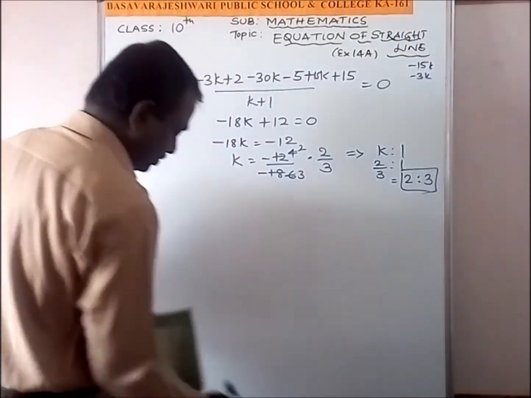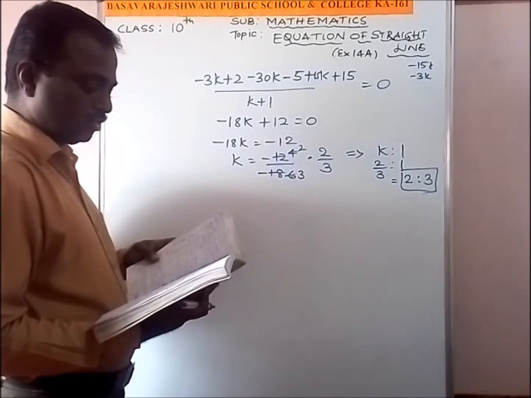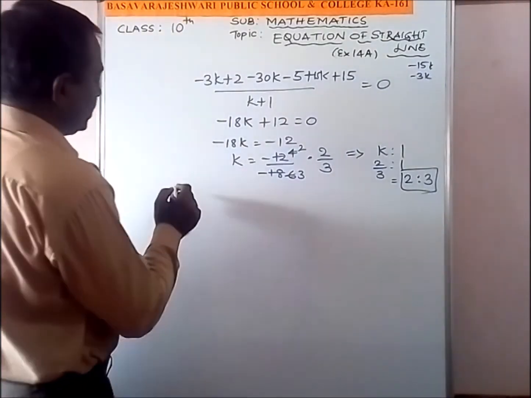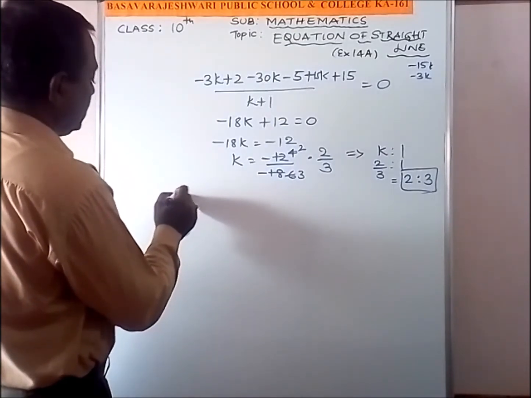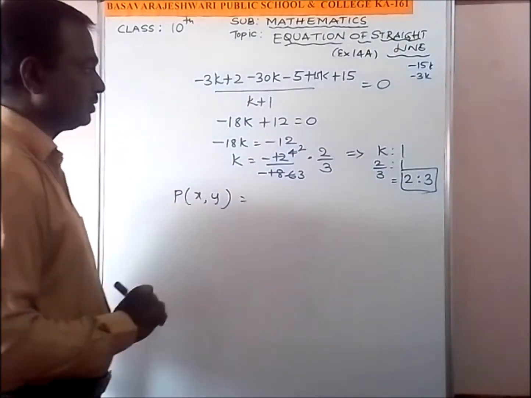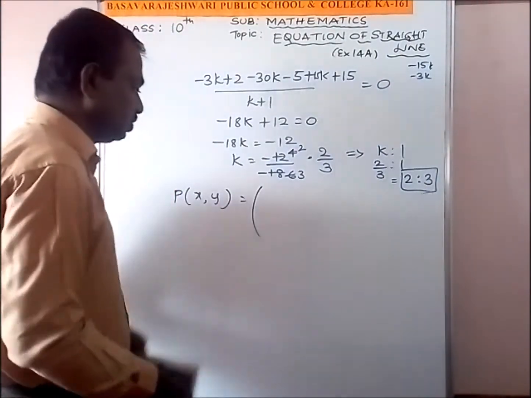After finding the ratio, they are asking us to find out the coordinates of P, the point of intersection. Therefore, we can take P of x comma y is equal to, so you know the k value. So in that we have to substitute now.